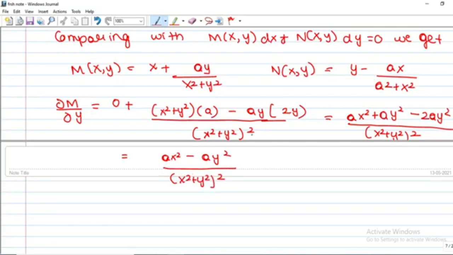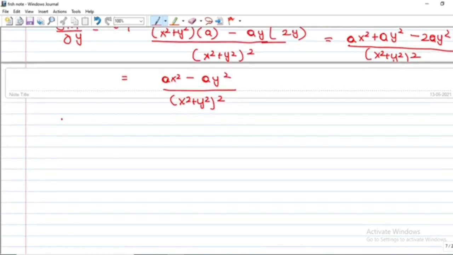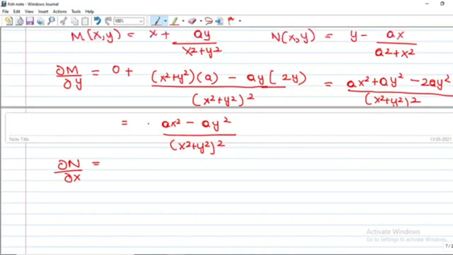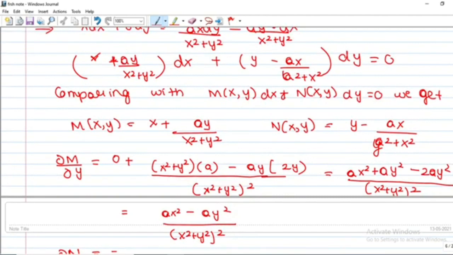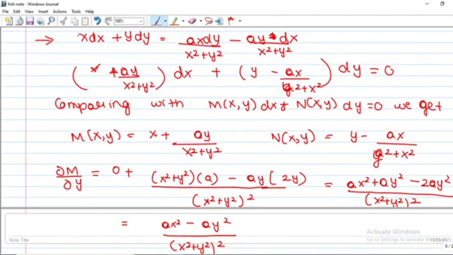Now we are going to use dou N by dou x, which will give us what? If I use dou N by dou x, we are going to get something like this. Here this will become 0 and minus will be outside, so we are going to differentiate this. Sorry, here it will be y square, here it will be y square. Now it is correct.